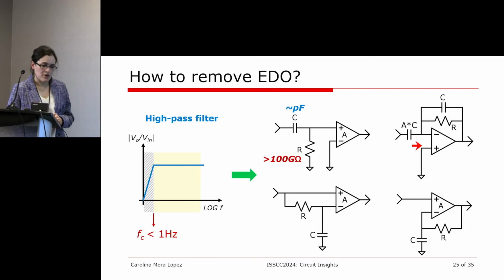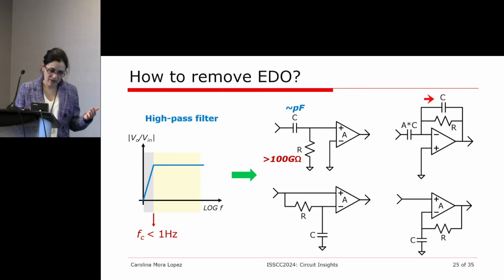Another important problem here is how do we implement these resistors and capacitors in an on-chip implementation. If we think of typical values that you can put in a capacitor without being excessively large, it is maybe in the picofarad range.